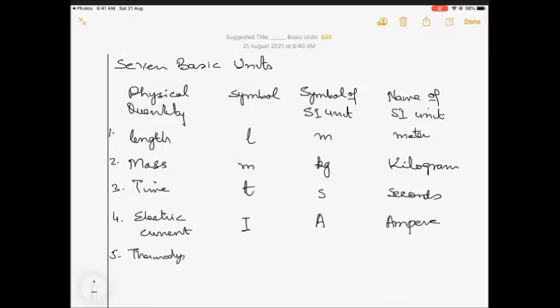You will be studying in detail, one chapter is there. Thermodynamic temperature is represented by T, and its unit is K. Though generally we call it Fahrenheit, centigrade, when we study chemistry, it is known as Kelvin. So you should know the relationship also in these.